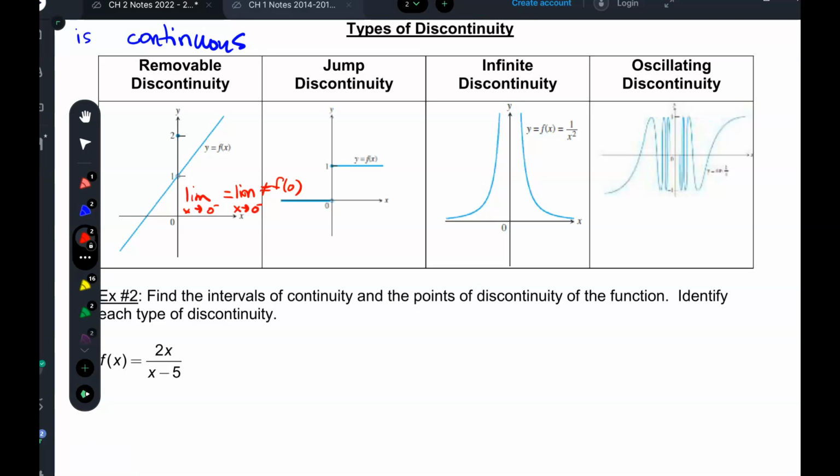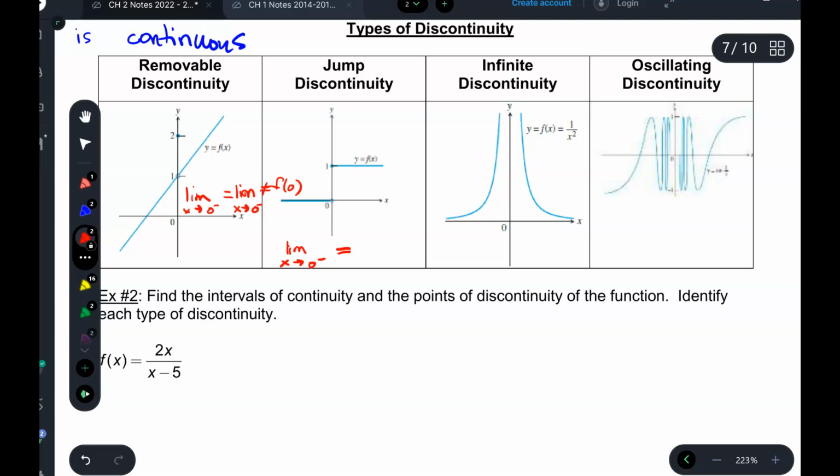Sorry, not a lot of space in there. We did that, I think, when we reviewed the summer packet, didn't we? I feel like we did. So when the limits are equal, but it's not equal to the value. What's the difference with the jump discontinuity? Well, what's in terms of the limits? From the left, they're not equal to each other, right?